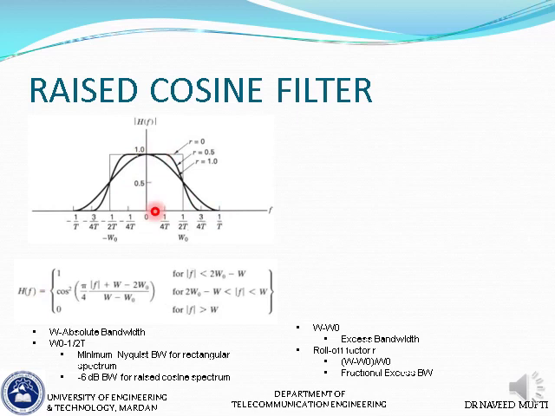So in this figure and in this equation here, W is the absolute bandwidth and W0 is equal to 1 over 2T. So that represents the minimum Nyquist bandwidth for the rectangular spectrum, and it represents basically the minus 6 dB bandwidth or half amplitude point for the raised cosine spectrum.